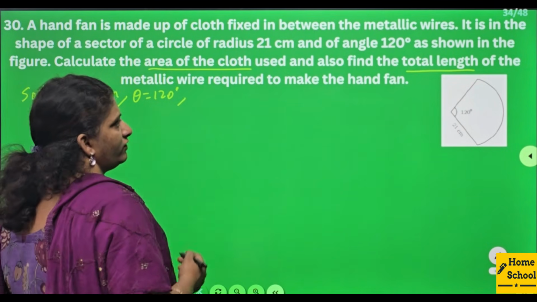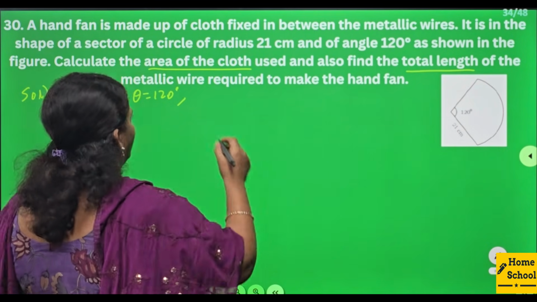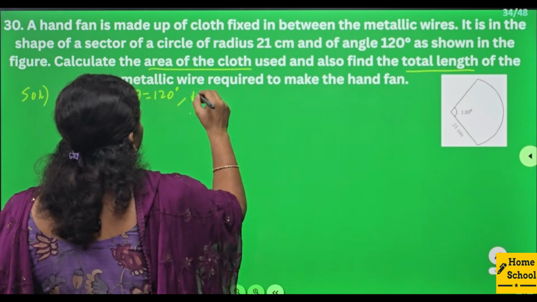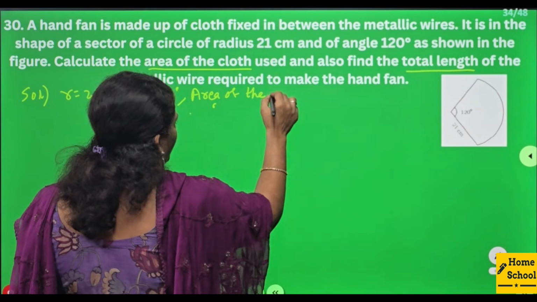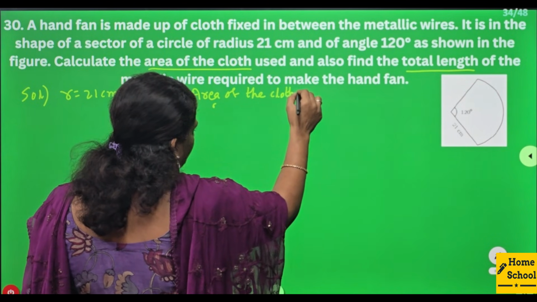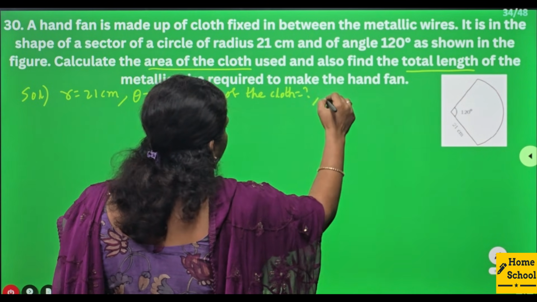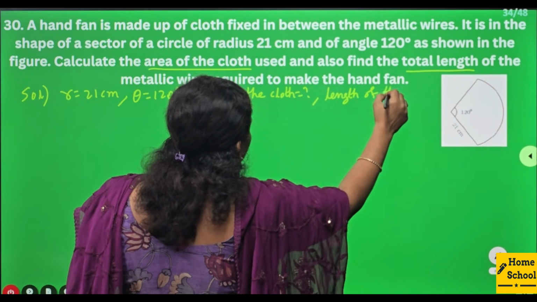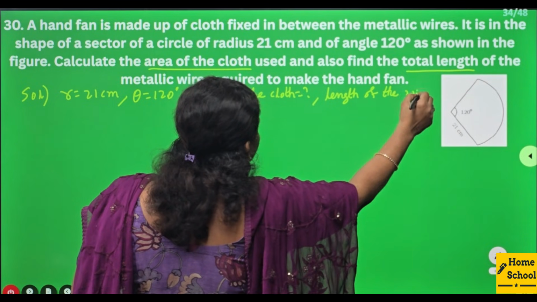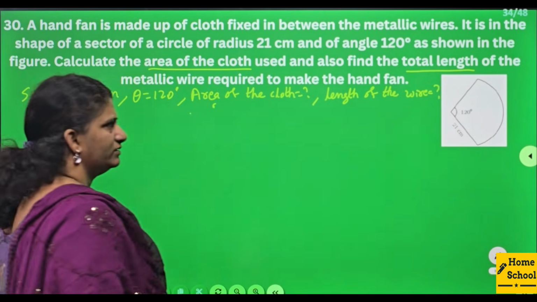We need to find area of the cloth and total length of the metallic wire. That only you write here. Area of the cloth is equal to question mark, and total length of the metallic wire is equal to question mark.